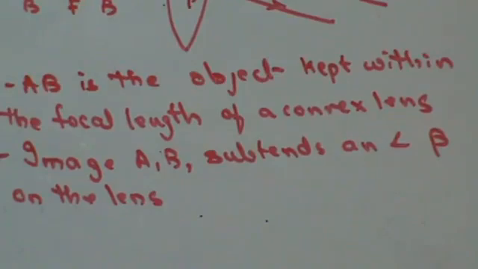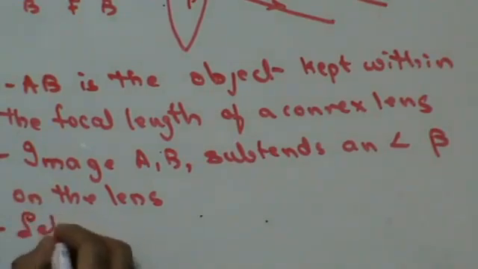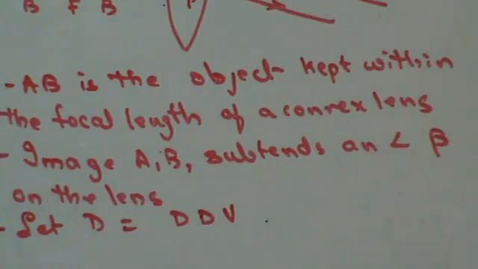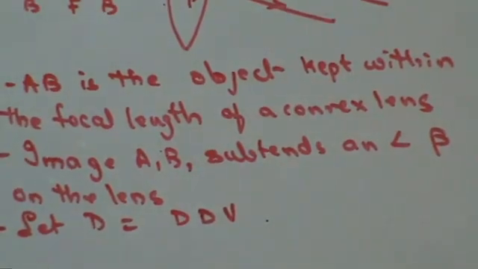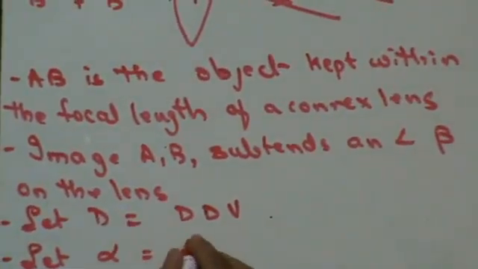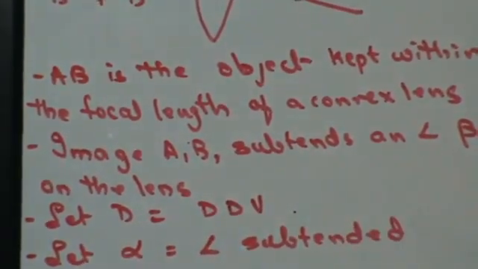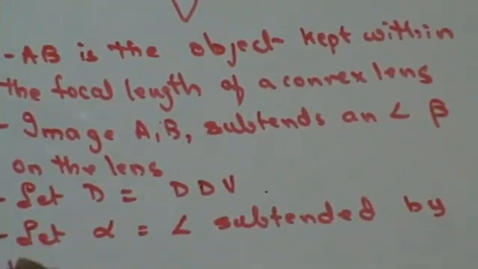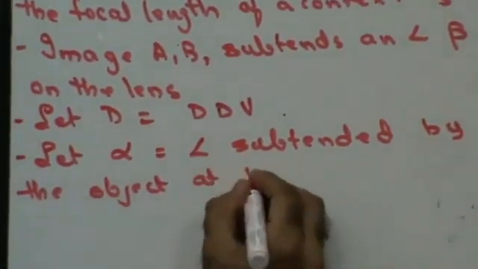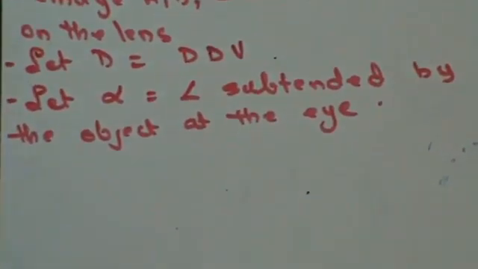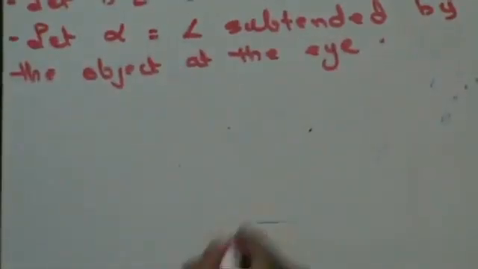Now, let the distance of distinct vision be denoted as D. Instead of writing DDV, I'll be writing it as D. Let alpha be the angle subtended by the object at the eye when the object is at DDV.